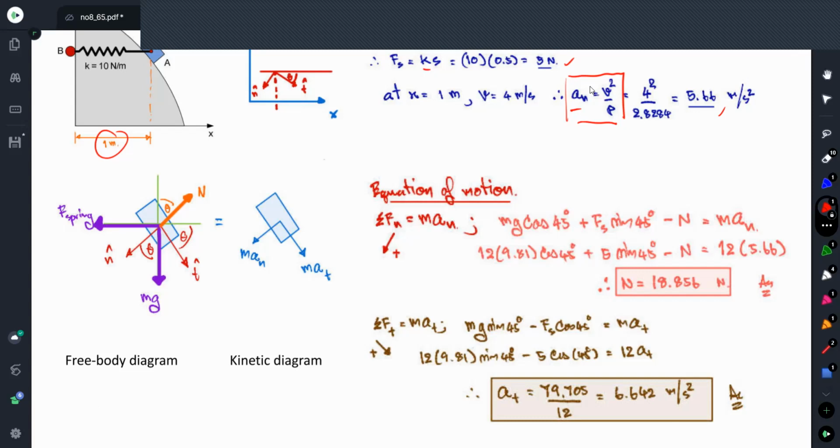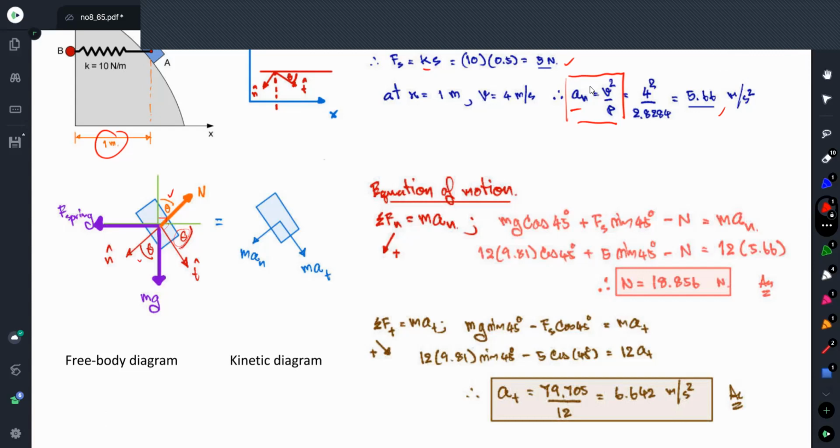We can find the angle theta here, that is measured from the x-axis. Okay, this is the angle theta. And if this is 90 degree, then this should be theta, and this should be theta also.